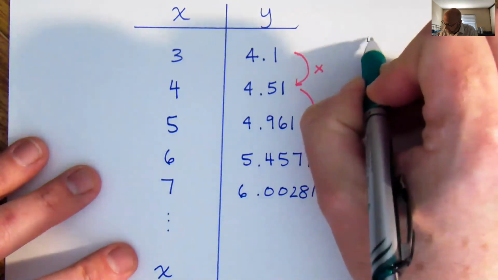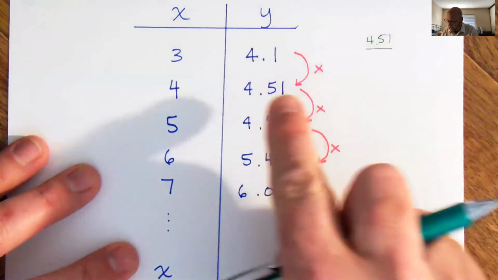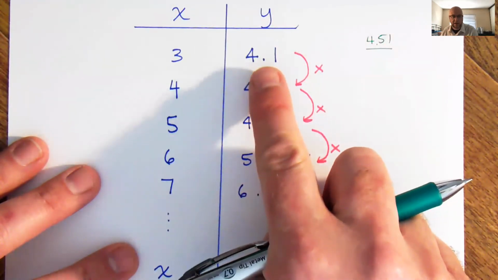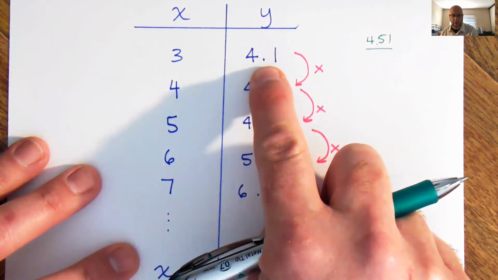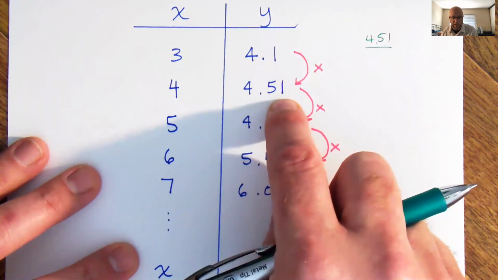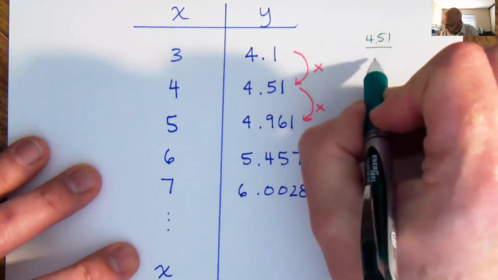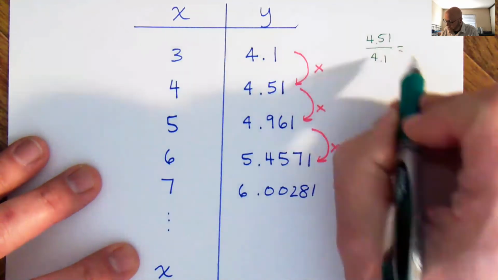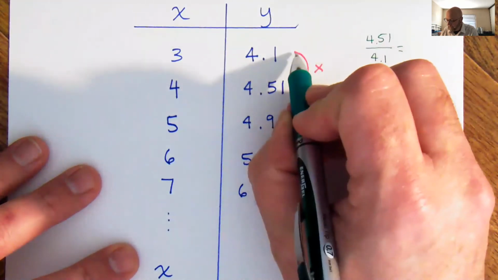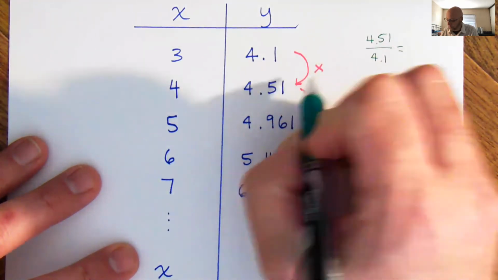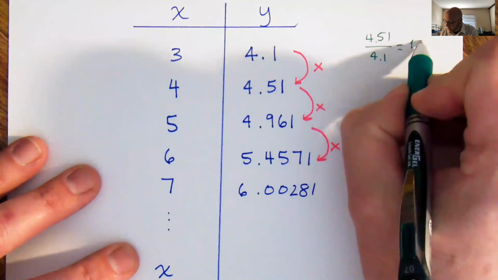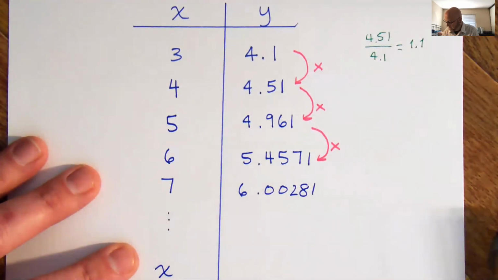And I can find that value by dividing. Take the lower of the values, divide the upper. By lower, I mean like lower on the page, and divide the one before it. And if you punch that into a calculator, what you'll end up getting is the number that you multiply. In this case, that would be 1.1.